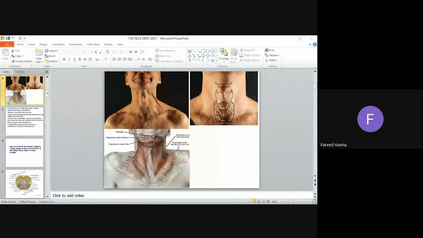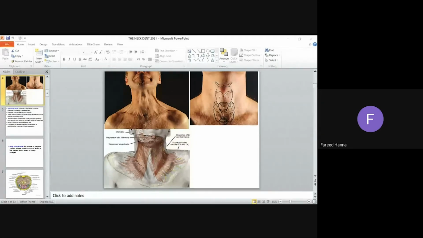This is the omohyoid. The omohyoid arises from the inferior aspect of the body of the hyoid bone, lateral aspect of the body of the hyoid bone, descends downward into the posterior triangle, forming an intermediate tendon, becomes tendinous, and then becomes muscular again to be attached to the superior border of the scapula.